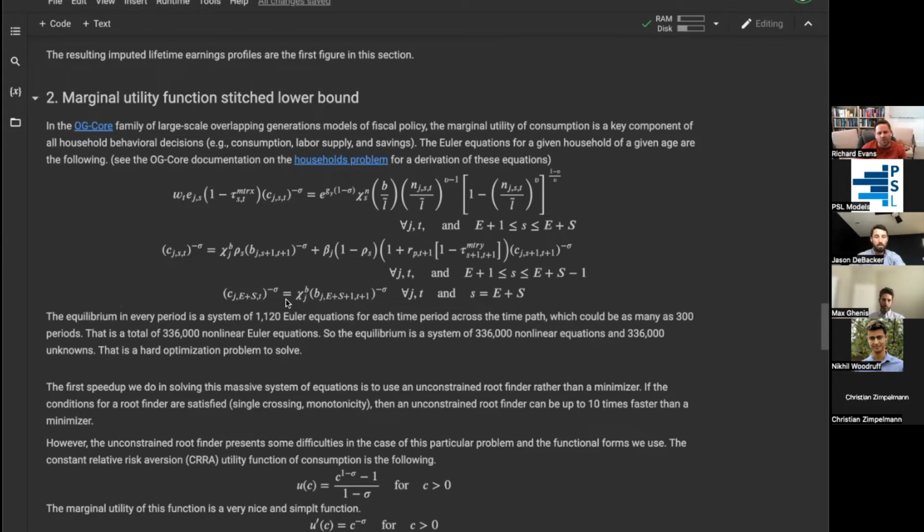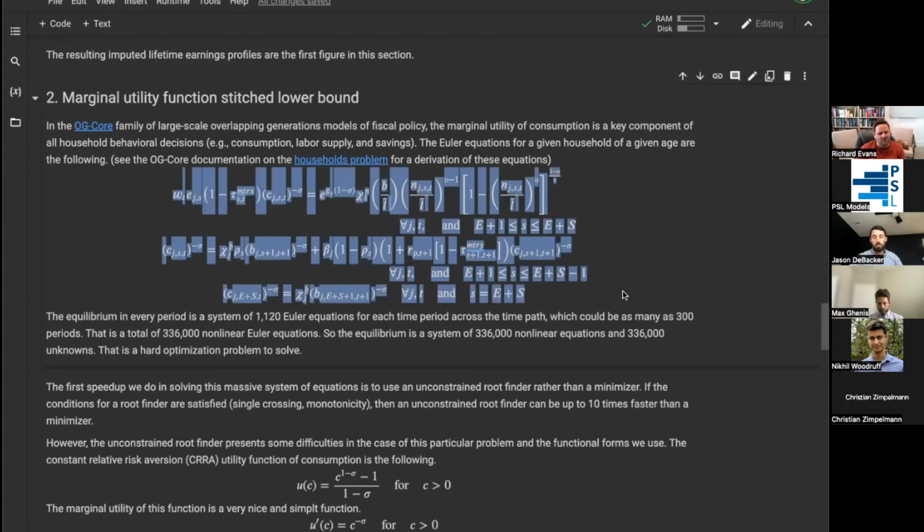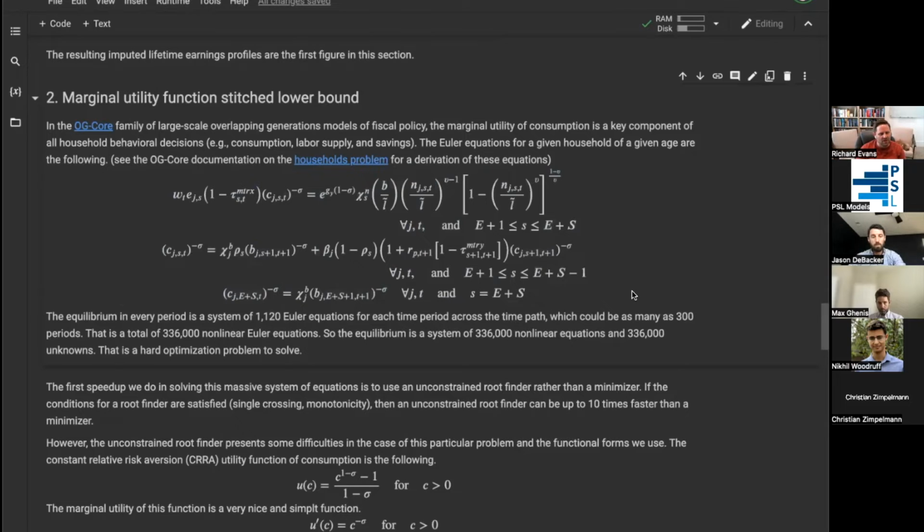So in the OG core logic for the big macroeconomic model that gets used in all of the country calibrations, the households in that model have to choose a consumption decision, a labor supply decision, a savings decision. And those decisions are characterized by these 3 equations. And these are pretty ugly and complicated.